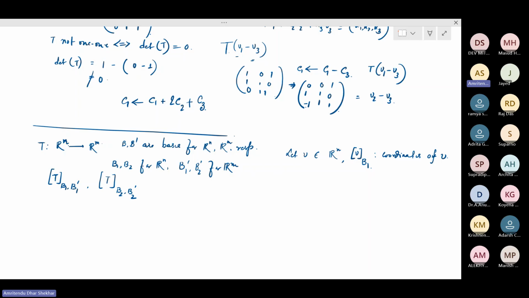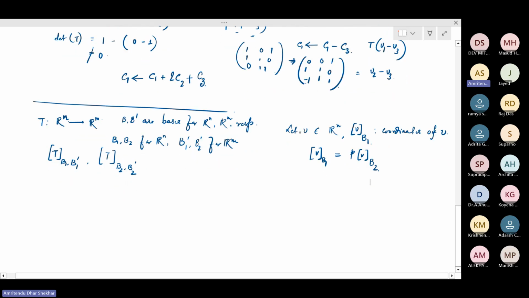Let's say you can write the coordinates of V with respect to B1 as equal to some matrix P times the coordinates over B2.